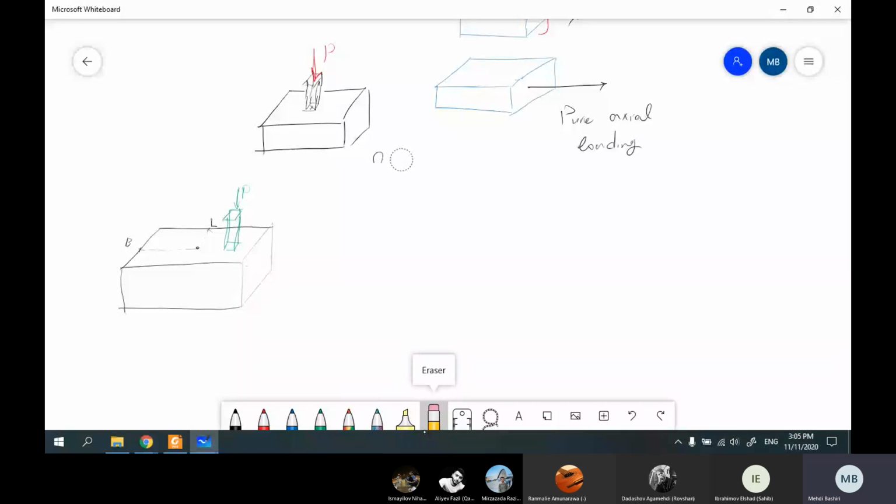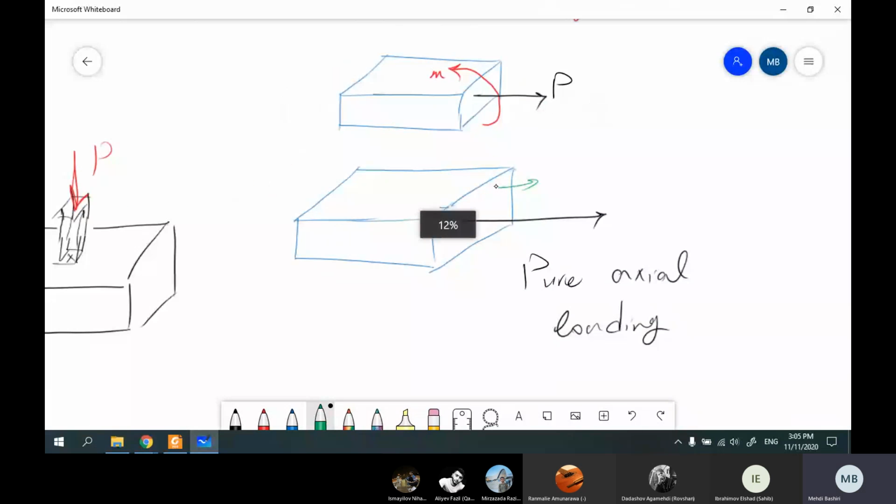That means if I want to find the stress distribution in this case, for example, this is the stress distribution. And for example, this is P, and all of them are tensile stresses, and all of them are equal. What is the amount of these stresses? Stress is equal to P divided by A.